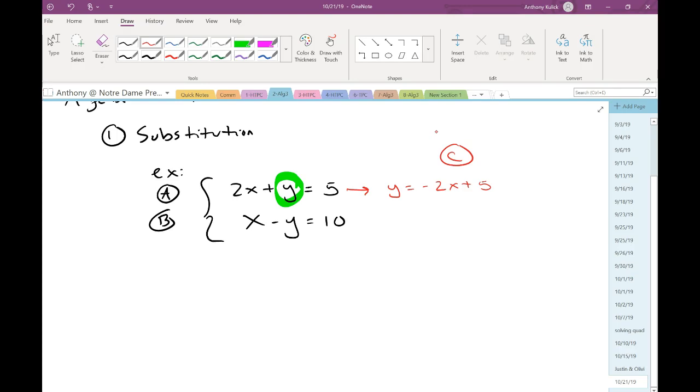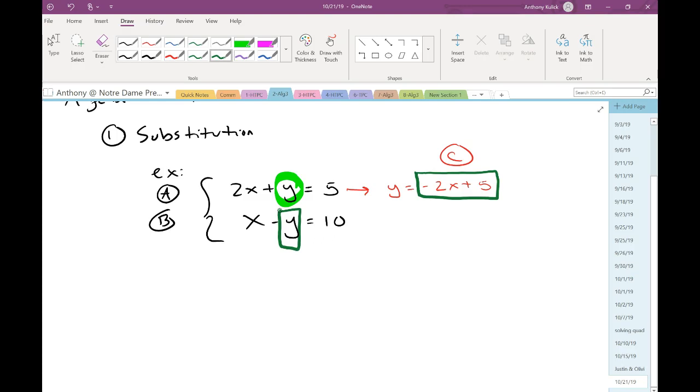All right. So what this is telling me is I know now what y is equal to. Y is equal to negative 2x plus 5. So what I can do is substitute negative 2x plus 5 into the other equation in place of y.